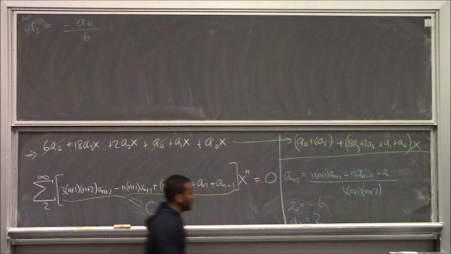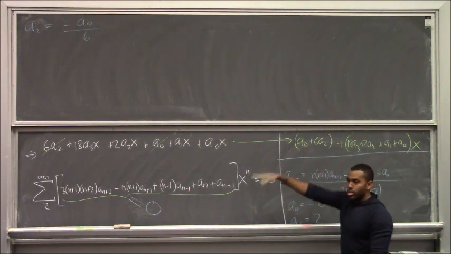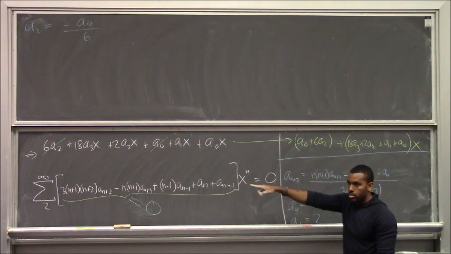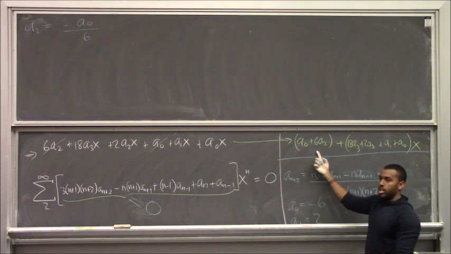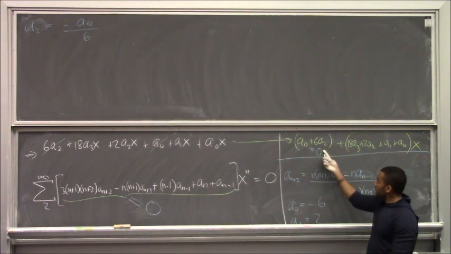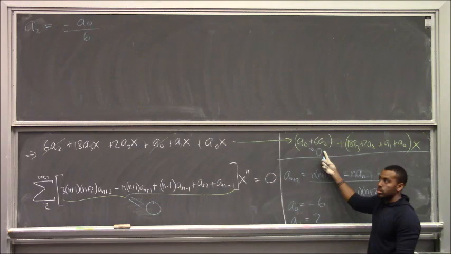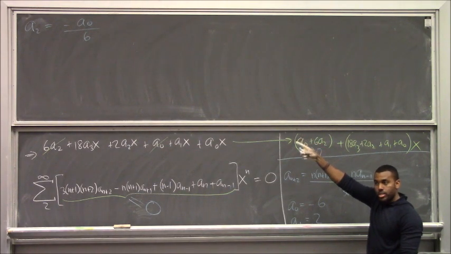Check this out. This has to be 0. All the coefficients on that side have to be 0. How many constants are there over here? 0 constants. How many constants are there over here? Well, A0 plus 6A2. That has to be 0. If that equals 0, what would A2 be? Minus A0 over 6.